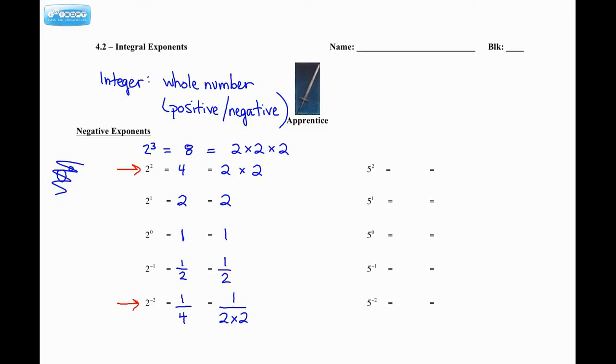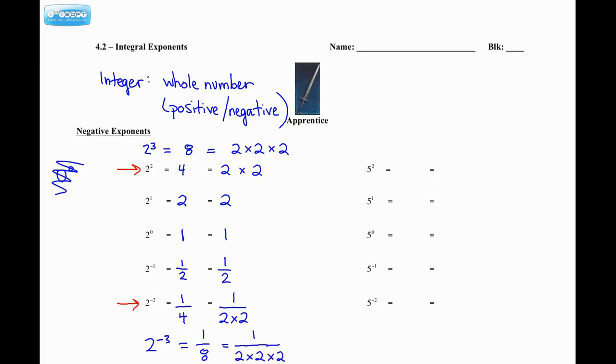Let's do one more. I started with 2 to the 3, so let's do 2 to the power of negative 3. What does that mean? Okay, again, I just decreased my exponent by 1, therefore this just gets divided by 2. That's an eighth. But remember, 8 is just 2 times 2 times 2.